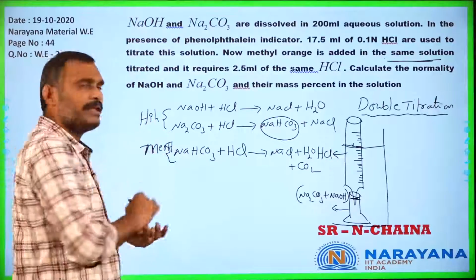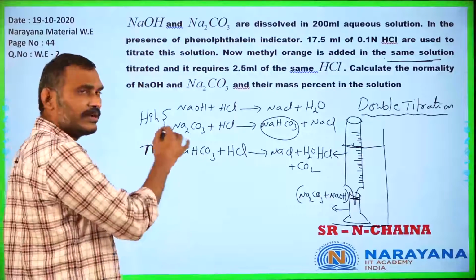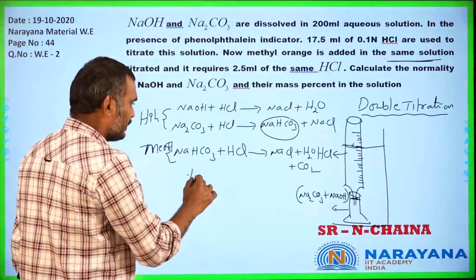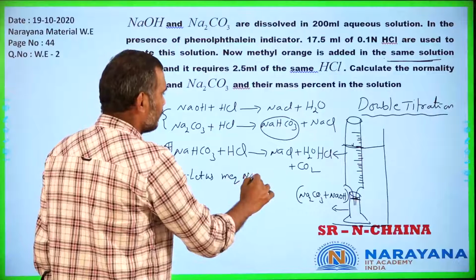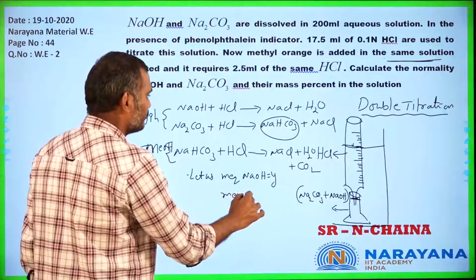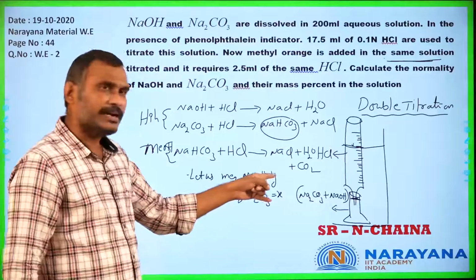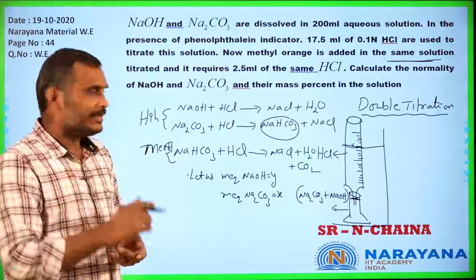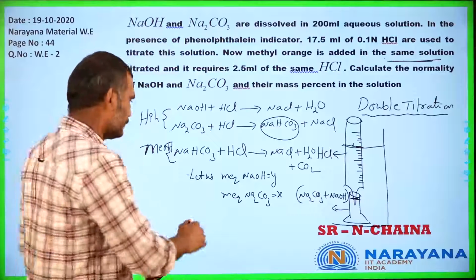Now, phenolphthalein indicator endpoint. According to the principle of double titration, at the phenolphthalein endpoint, let us take the milli equivalents of sodium hydroxide as Y and the milli equivalents of Na2CO3 as X. Milli equivalents of sodium hydroxide is Y, and milli equivalents of sodium carbonate is X. But in the first endpoint, what happens?